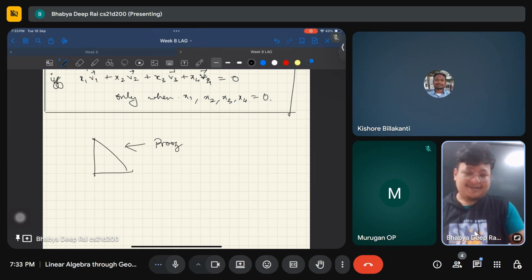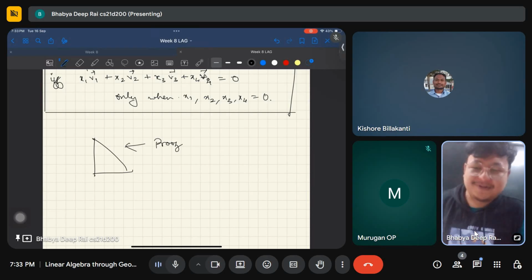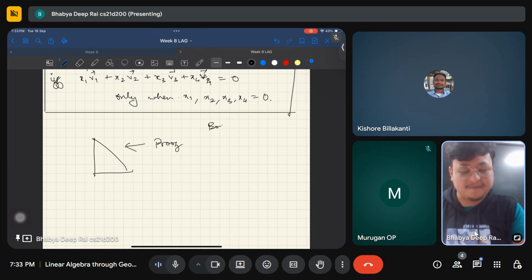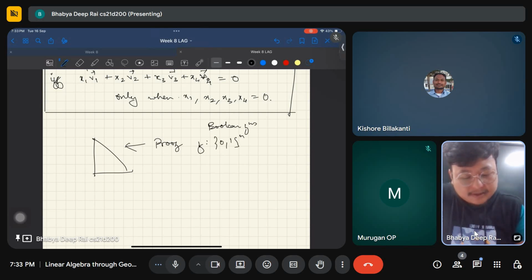Myself, I work in theory, so I can give you theoretical applications, for example Boolean functions. Boolean functions take an n-bit number and output a bit, 0 or 1. How does the function behave?